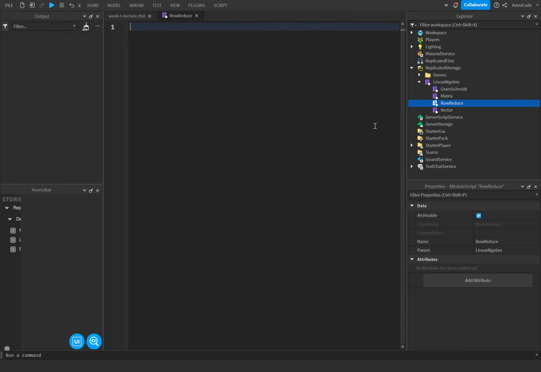Let's just do some of the boilerplate. We take in a matrix, we'll return our reduce function, and we're also going to need our matrix class.